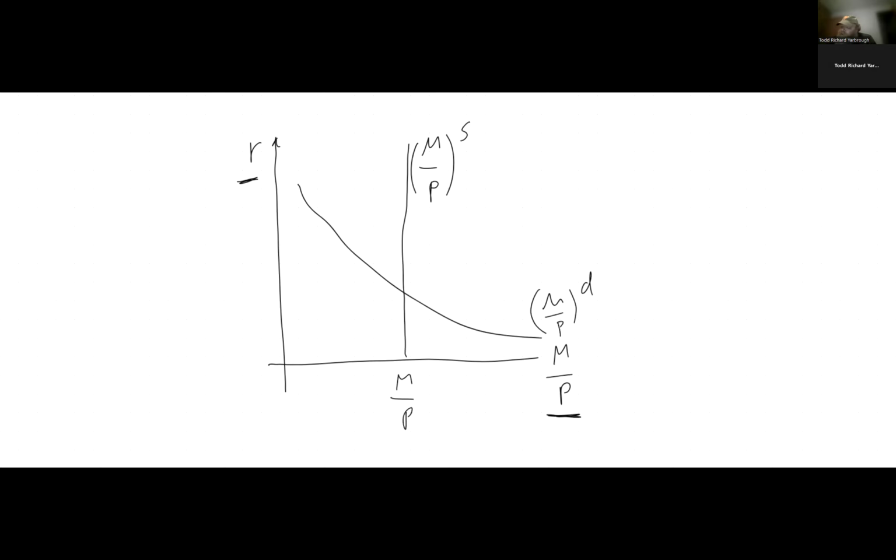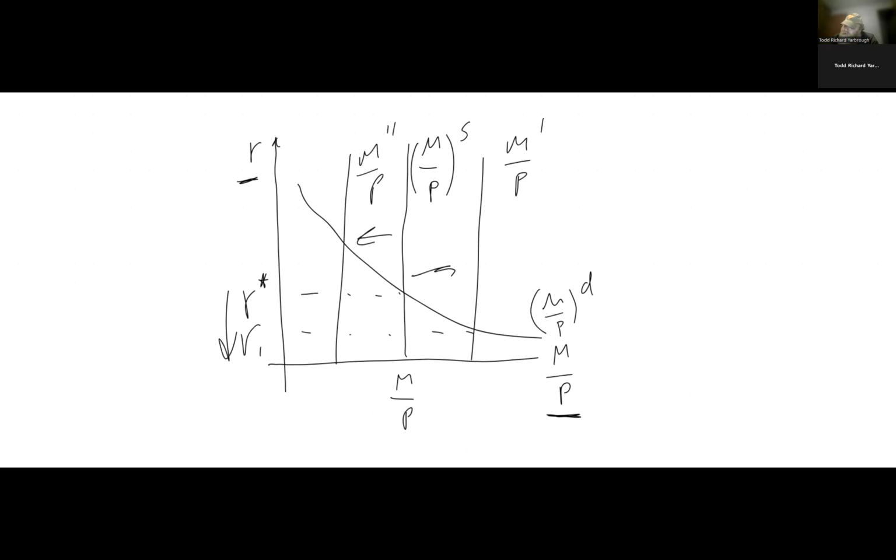And so if the Fed wants to carry out expansionary monetary policy, they push the money supply out this way, M over P, and the result of this is that it causes interest rates to decline, right? If the Fed wants to carry out contractionary monetary policy, they reduce the money supply that way, and this causes, all else equal, interest rates to rise.